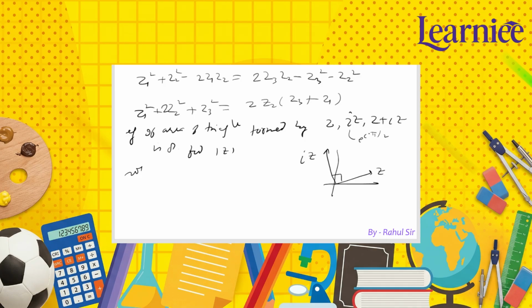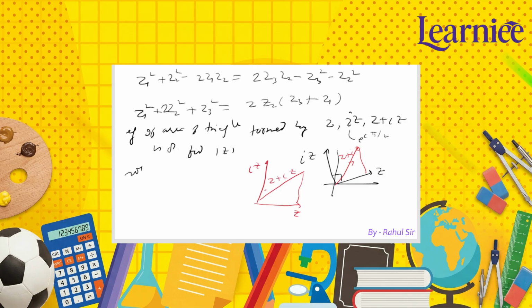We have discussed the addition also, so this is somewhere along the diagonal, so this is Z plus iZ. So this is Z, this is iZ and this is Z plus iZ.